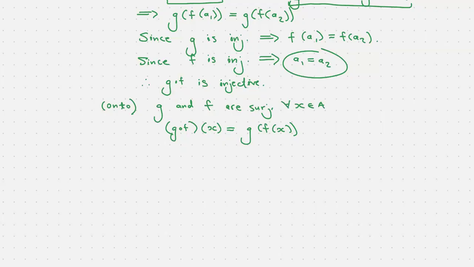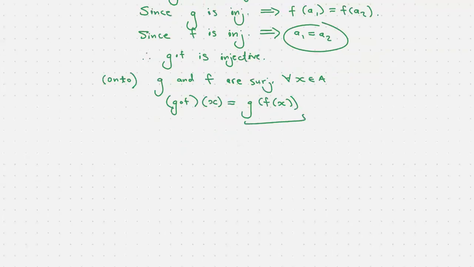So from here, we say that since f is surjective, it follows that for all b in B, there exists some a in the big set A such that b is equal to f of a.